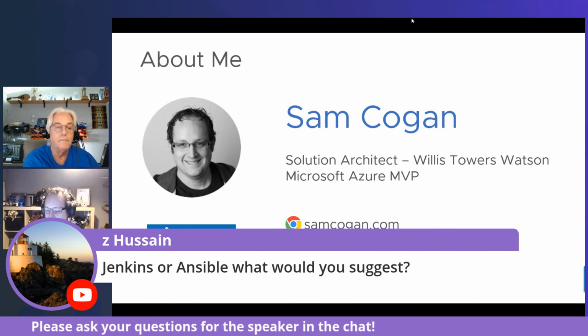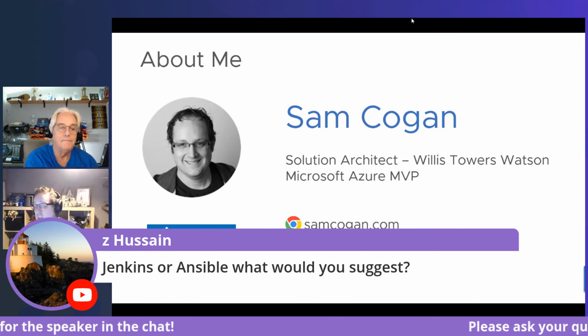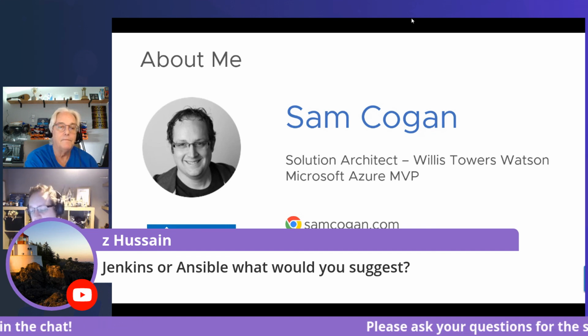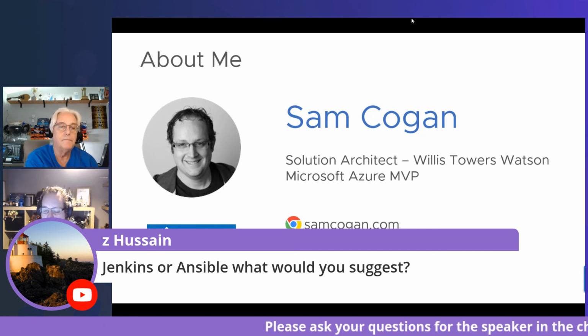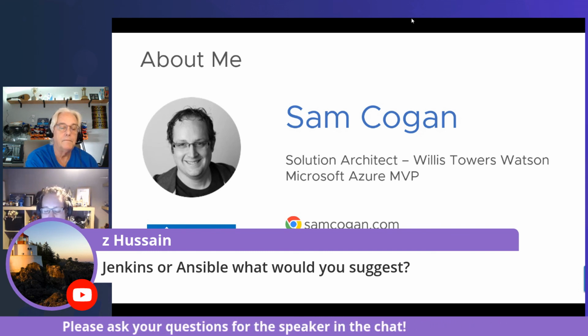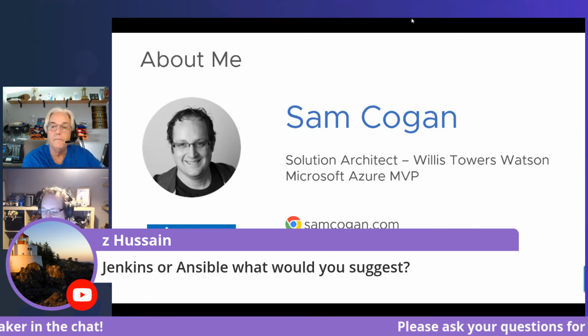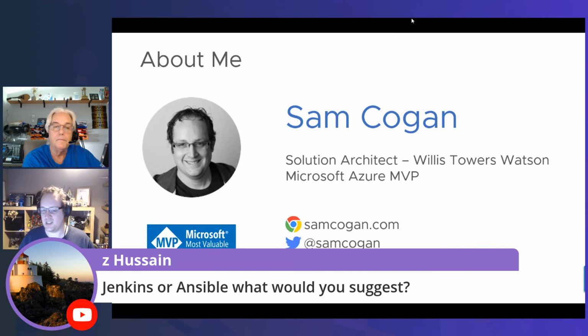Jenkins or Ansible, what would you suggest? They're different tools, and I've not worked with either of them that much. But obviously, Jenkins is more of a CI/CD tool, whereas Ansible is more of your configuration management as code tool, although it is moving into more areas, which I guess you could do some more CI/CD stuff in Ansible as well. So it depends what you're trying to do. If you're looking for a pure CI/CD play, then Jenkins is probably where you would go.